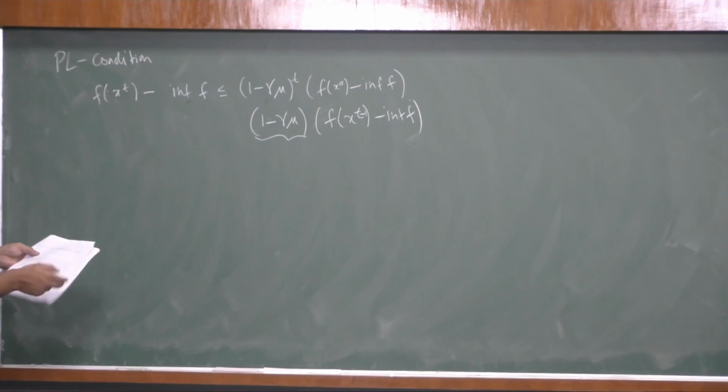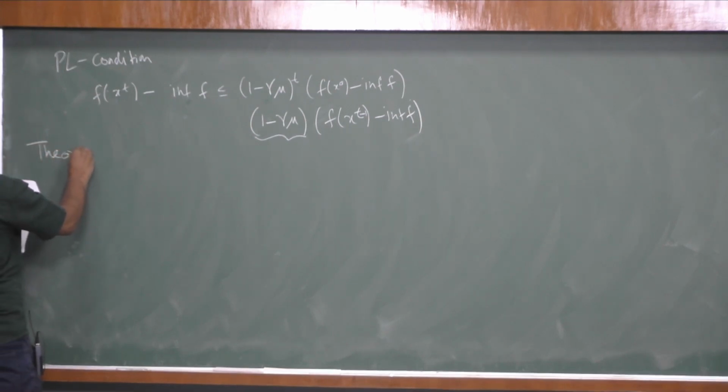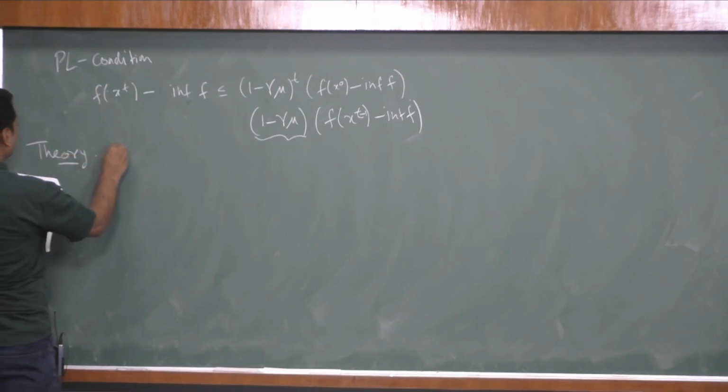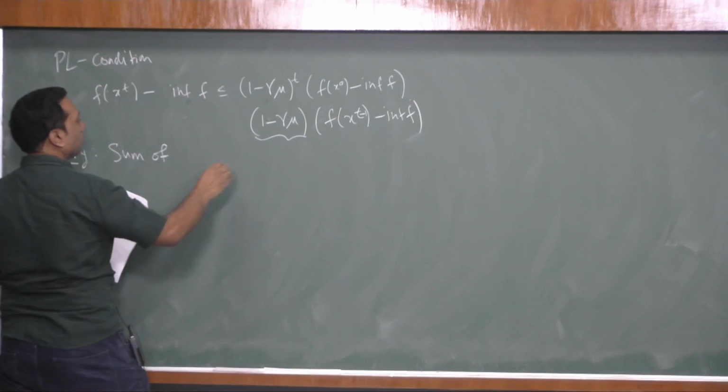Now, last time where I was is sum of functions, and I did some results, so I will just quickly state those results. So, theory for sum of functions. What we have done are very generic cases.